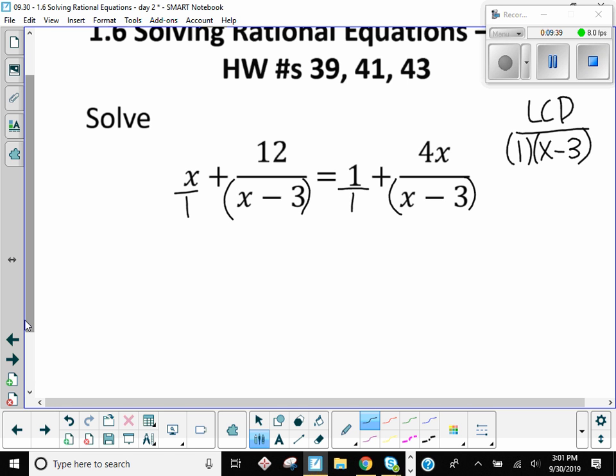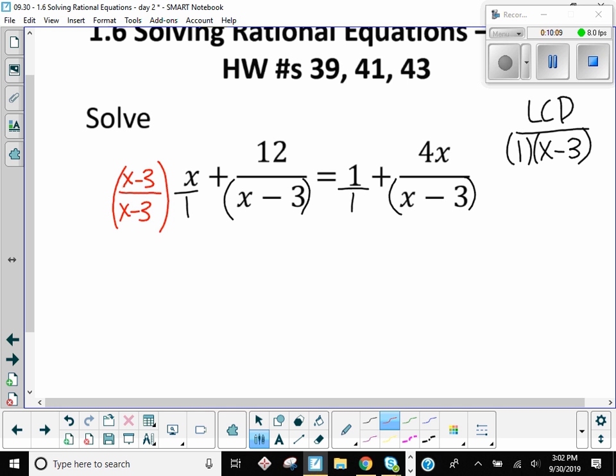The next step is to multiply each fraction by what it's missing. What's the first denominator missing? X minus 3. So multiply the top and bottom by that. Instead of rewriting the whole thing, I'm just going to do it right here. Technically, what is the second fraction missing? 1. You don't really have to write the 1.